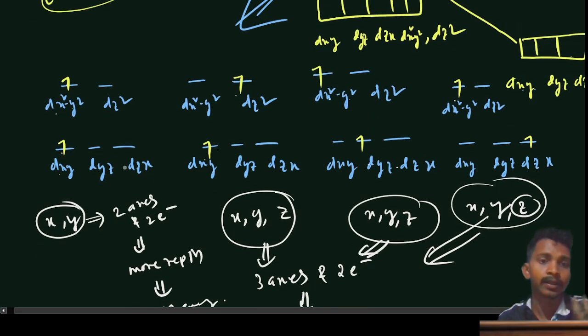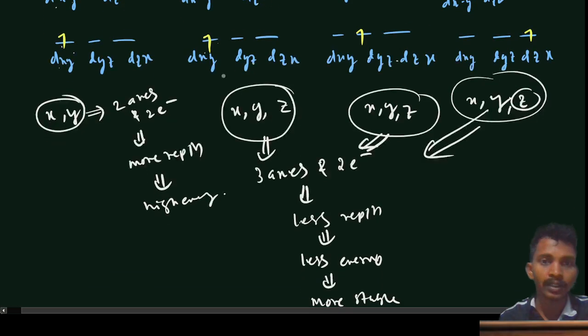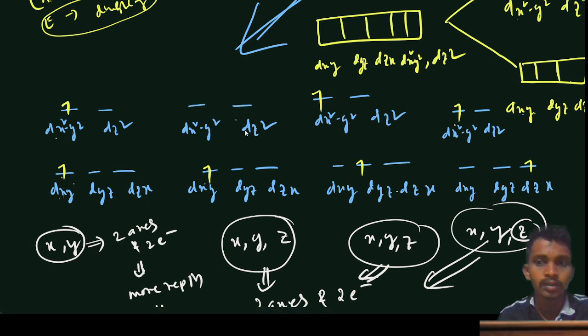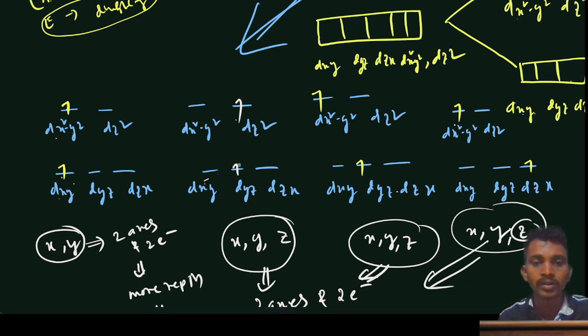Whenever there are possibilities with two axes and two electrons, this is also possible: let's say electrons are here, 2xy, 2yz. If electrons are here and here, then you see two axes and two electrons, like yz and z square.